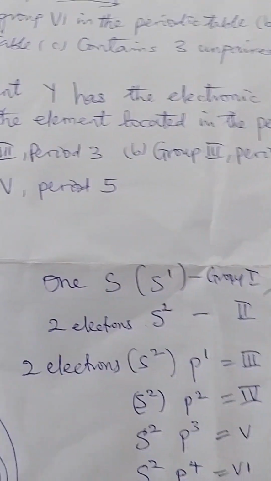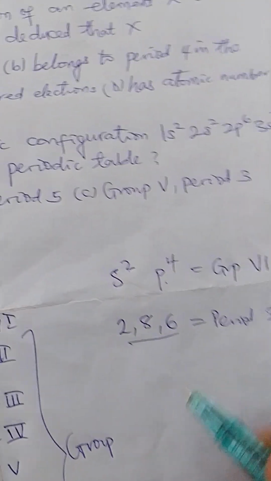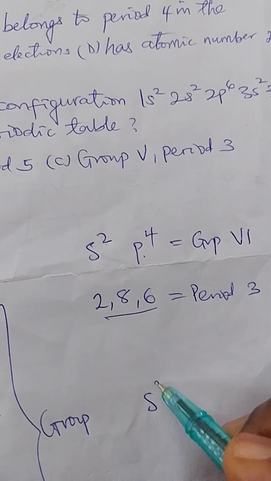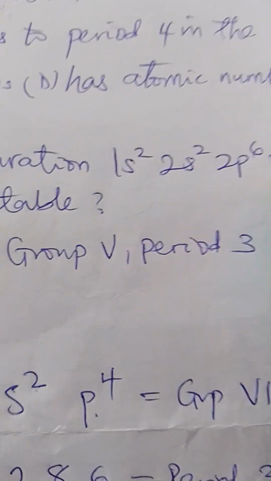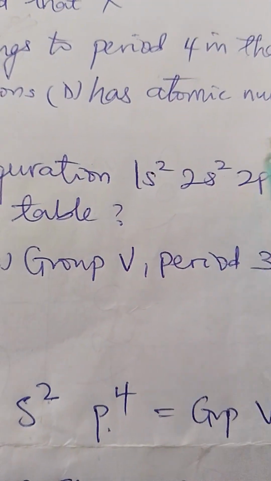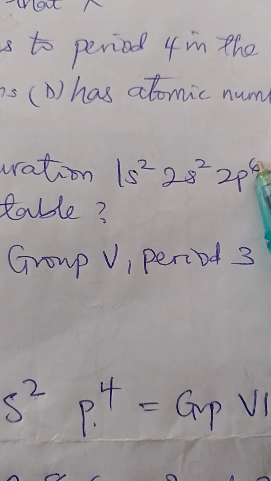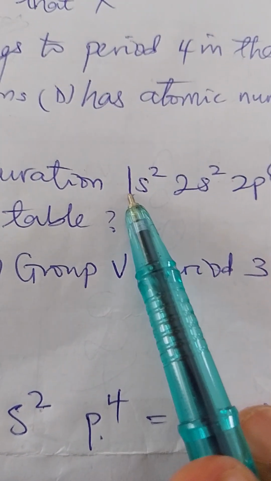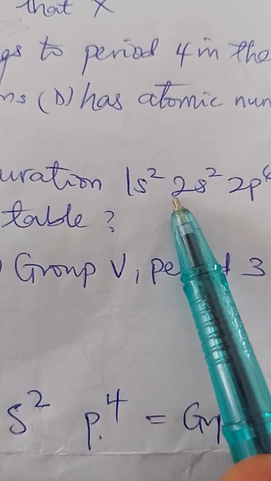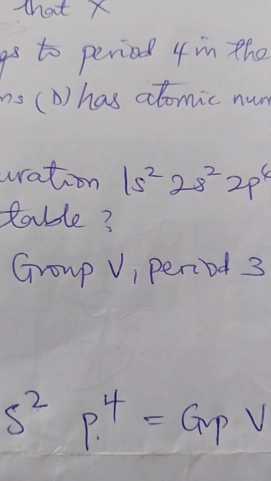So let's use the first method. The first method is having 2 electrons at the s orbital. Forget about this number, this is just the energy levels. I hope you understand that these numbers are the energy levels, and the numbers above are the number of electrons. This one shows the lowest energy level. This is another energy level. These numbers before the p.